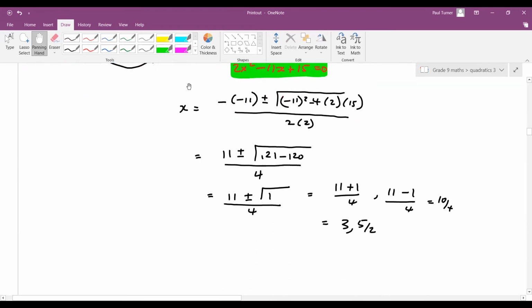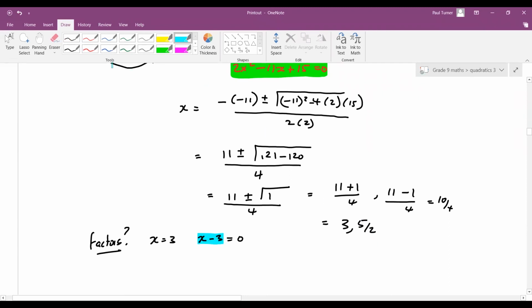So let's look at what the factors would have been. We had x equals 3. If you work backwards, put your 3 on the other side: x minus 3 equals 0. So your factor there was x minus 3. That's one of the factors.